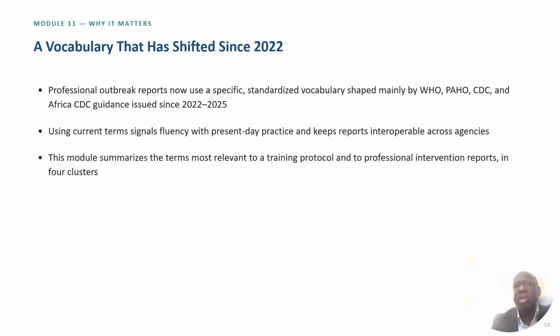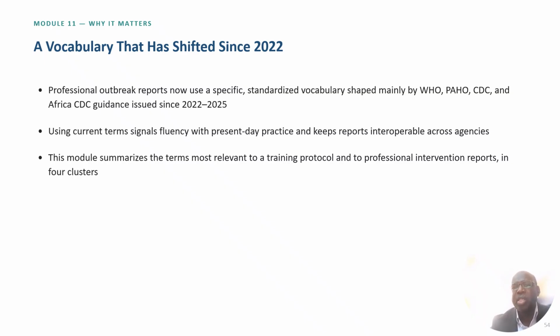Professional outbreak reports now use a specific, standardized vocabulary shift. When we say case definition, we are talking about a universal language, the same whether we speak Japanese, German, or English. A case definition is a case definition.